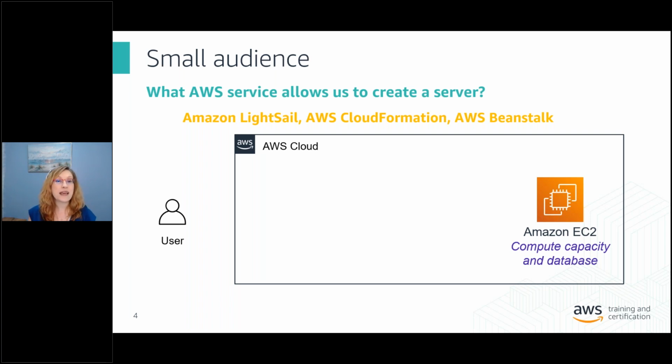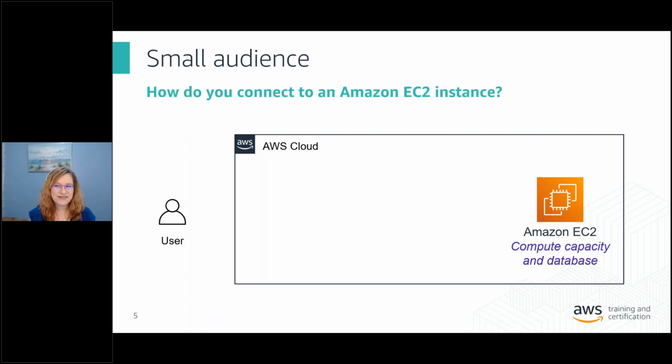Okay, so we're going to use Amazon EC2. The next question is, what do I need to have in order to be able to connect to EC2? Yeah, I need to have the management console set up, the AWS CLI, or SSH. And that's what's going to allow me to be able to communicate to my EC2 instance.